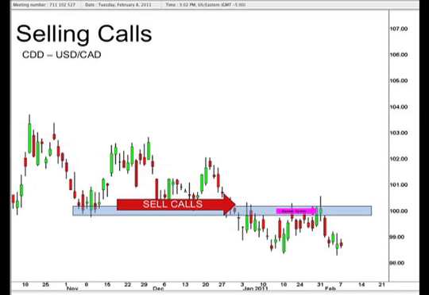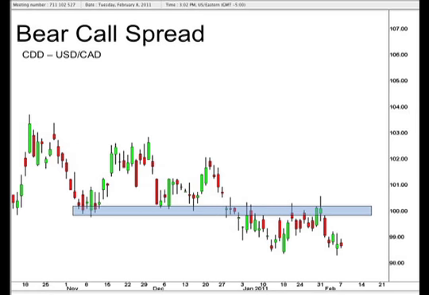Now, we can create that same rationale with respect to limiting our risk exposure by identifying an area where we could buy call options to limit our risk exposure. So in this case, we're going to apply the same observations that we did for selling those naked calls, whereby we want to write those 100 strike call options above that resistance level, looking for them to expire.